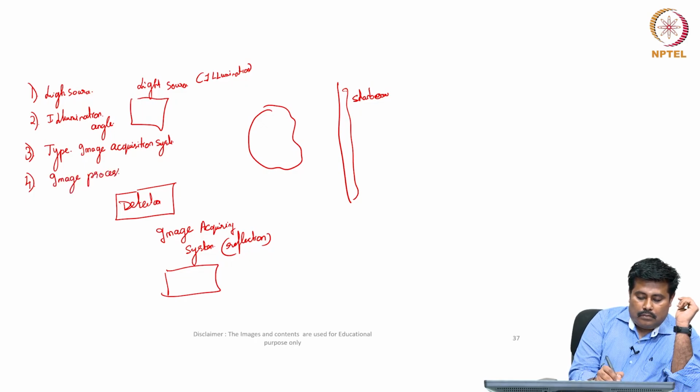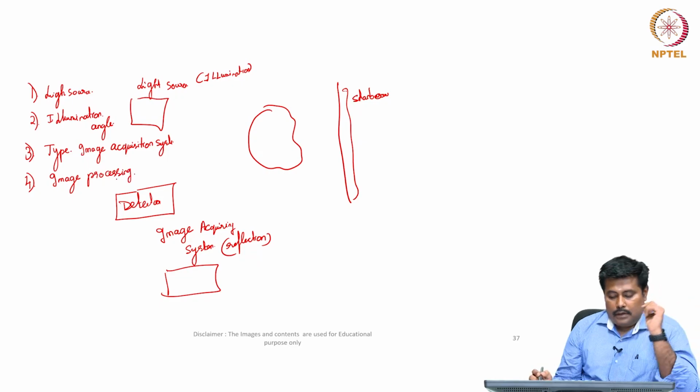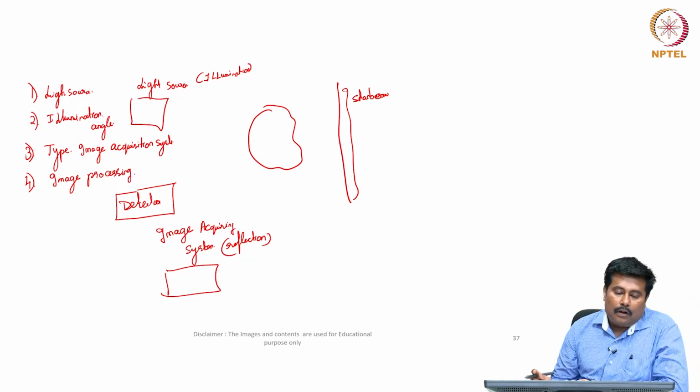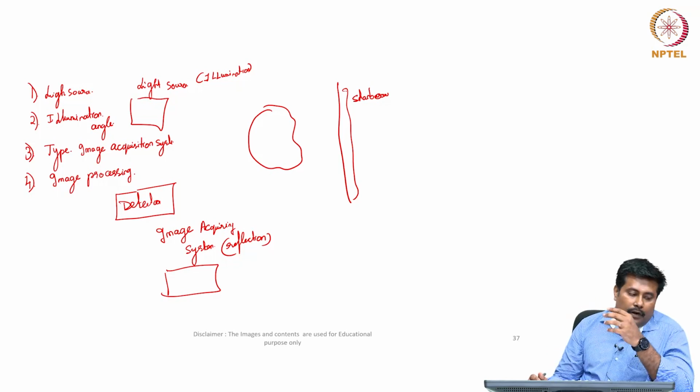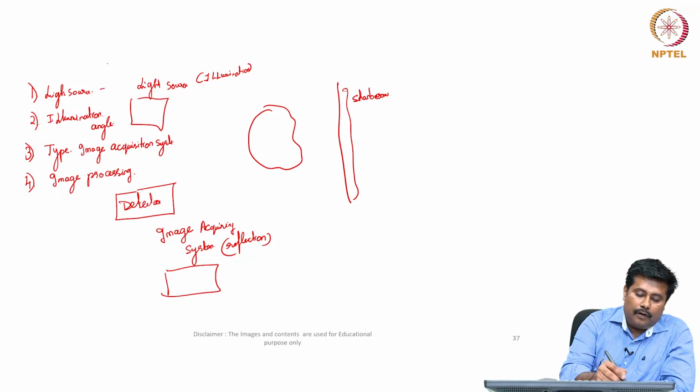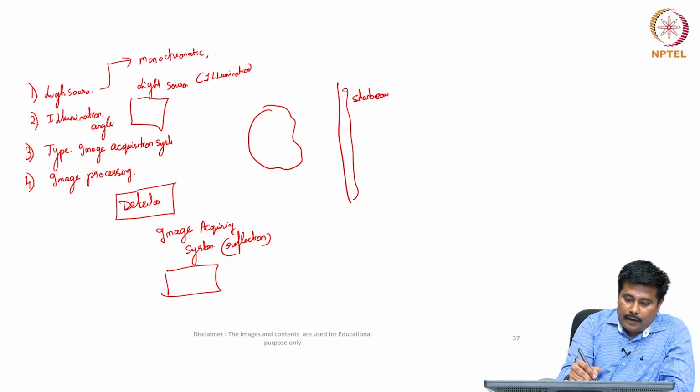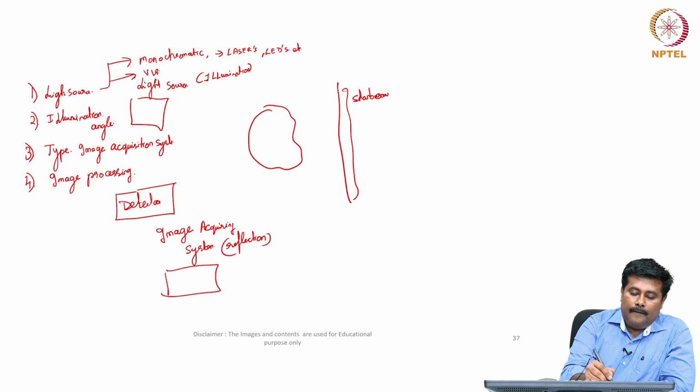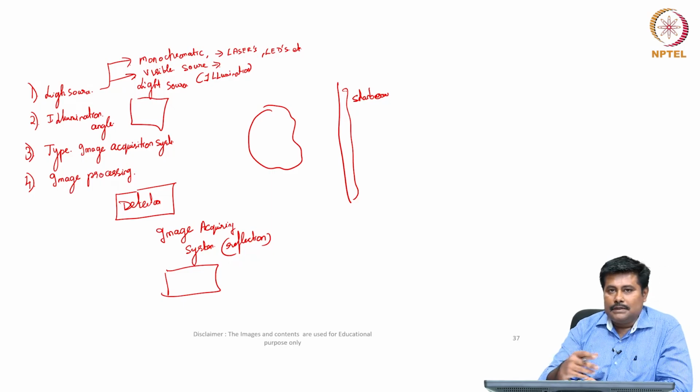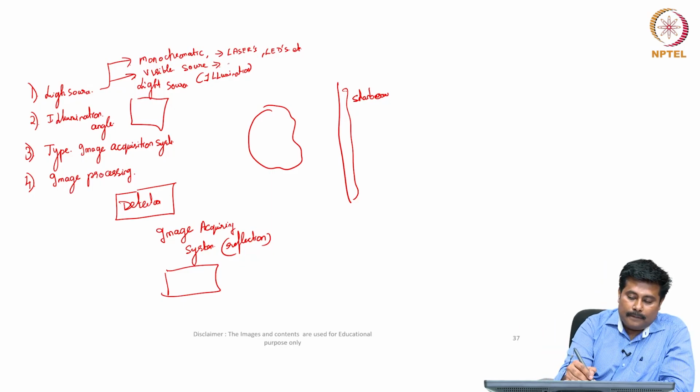Ideally, when we talk about the light source, there are different types of light source which exist. One is a monochromatic light source, where we have the lasers, LEDs, etc. And then we have a visible source in which multiple wavelengths interact.